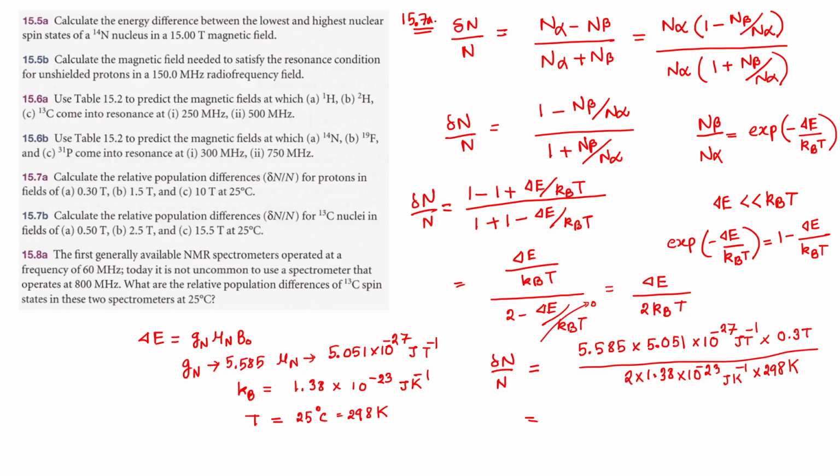Into 10 to the power minus 27, divided by 2, into 23.